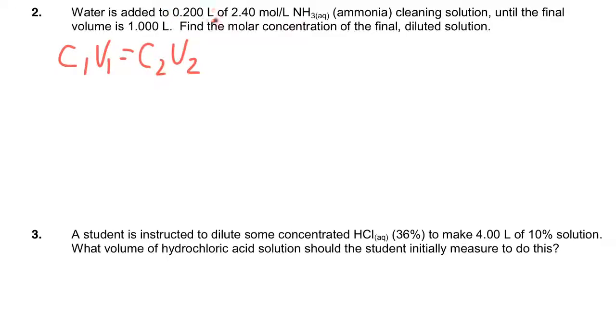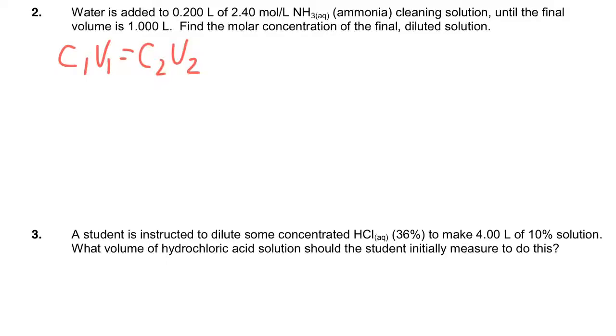I have 0.200 liters of 2.4 mole per liter ammonia. This is my starting solution. That's C1, that's V1. I'm adding water, so I'm diluting it to 1 liter. So that's my final volume, that's V2 right there. And I'm asked to find C2.